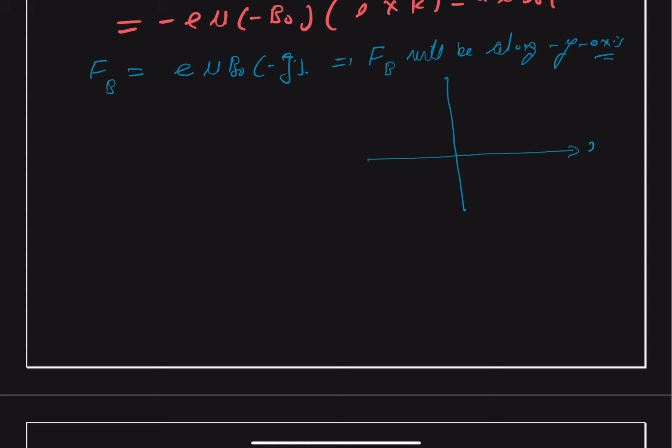So this is the x-axis, and the electron will try to traverse a semicircular path in this direction, and its initial velocity is u i, and the exit velocity is v. We have to find out what will be the magnitude of v.